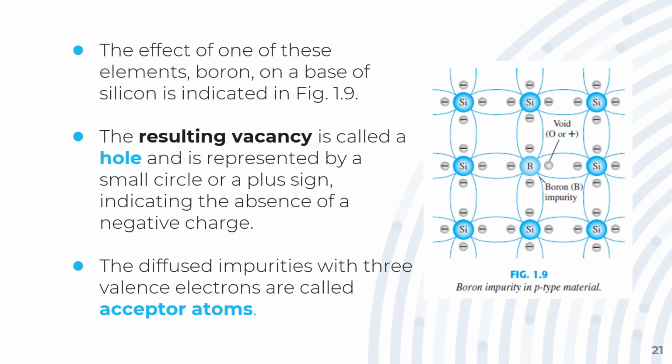Kung ang n-type material ay tinatawag nating donor atoms, meron siyang 1 free electron. Ang p-type material naman ay tinatawag nating acceptor atoms dahil merong hole or hindi sapat yung valence electrons para sa bonding.